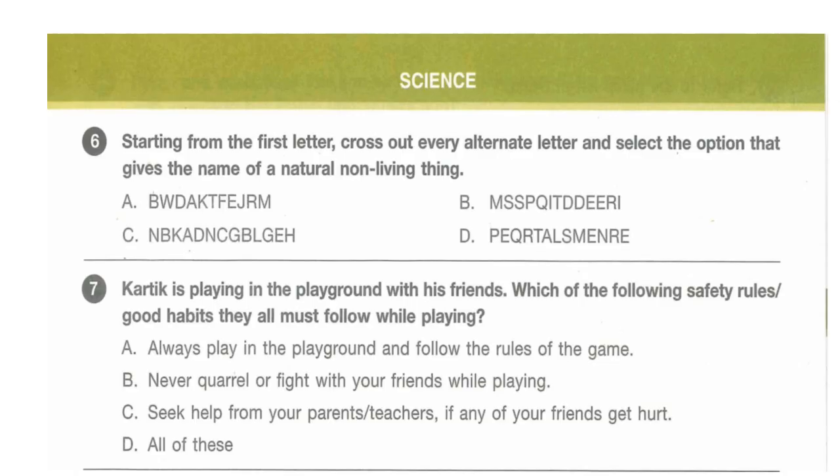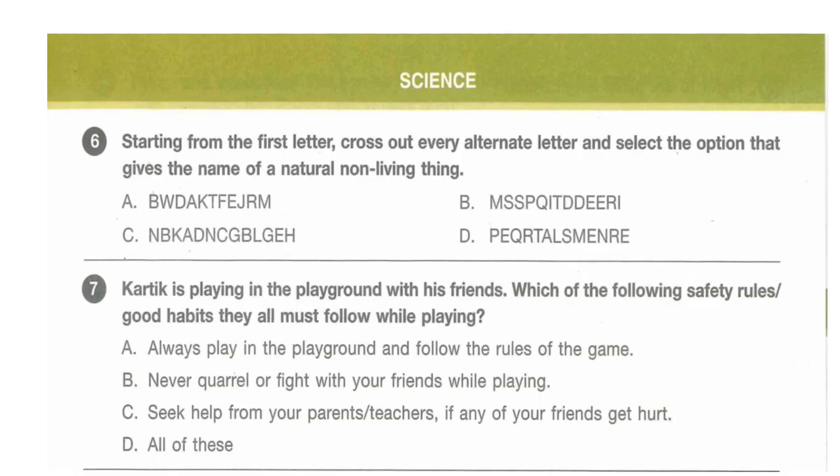So next is a science section in the question paper, and in the science we have 25 questions. So let's move on to the questions. Question number 6. Starting from the first letter, cross out every alternate letter and select the option that gives the name of a natural non-living thing. The scrambled words are given in the options.